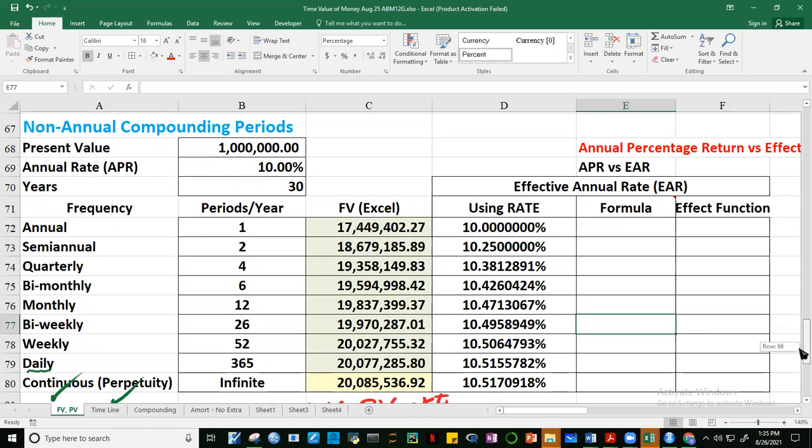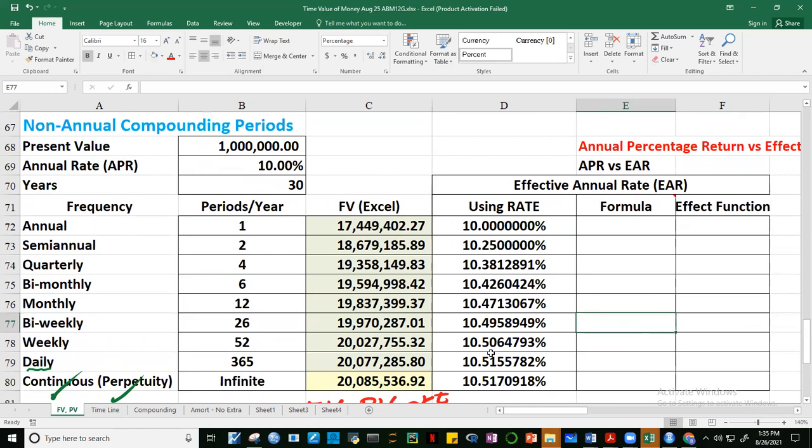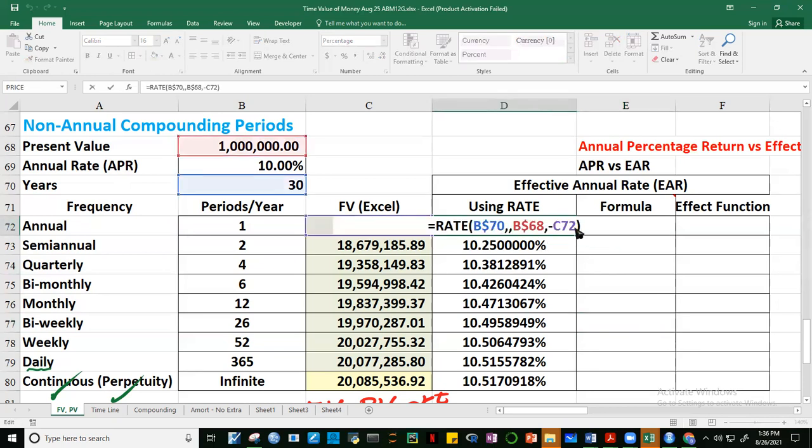Kasi ginawa namin kanina yan, wala naman kaming problema. Nakuha din namin yung answer. It's very strange, no? Okay, anyway, so how do we compute for the EAR, the effective annual return? Number one, we can use the rate function of Excel, pero dapat computein muna natin yung FV. Or if you want, pwede din naman ganito. So instead of having a value here, pwede natin ilagay yung formula ng FV dito.